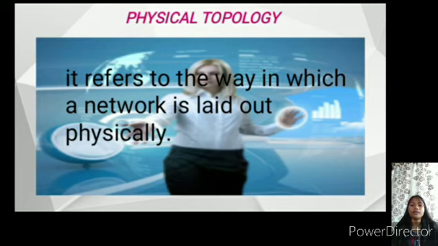For example, twisted pair Ethernet is a logical bus topology that is mapped to a physical star topology, while IBM's token ring is a logical ring topology that is typically implemented as a star topology.